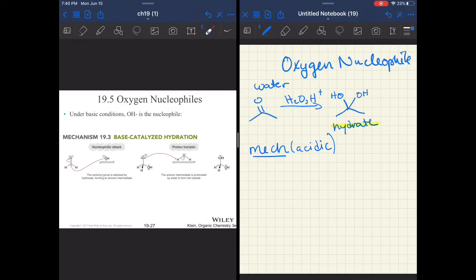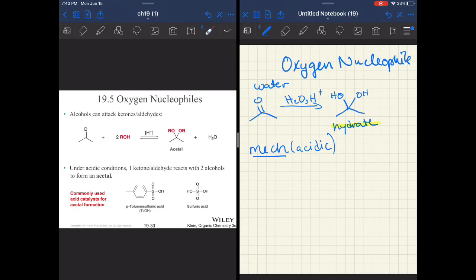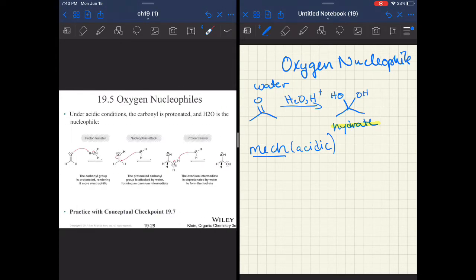So again, I'm going to skip base catalyzed, and I'm going to go to acid. Acid catalyzed is right here. What am I doing? So I'm using acetone. They're using formaldehyde. It's fine.